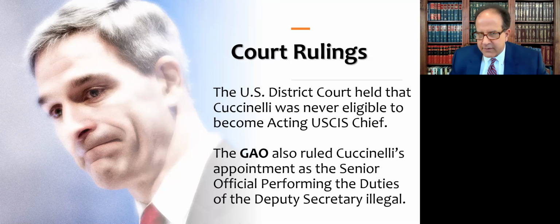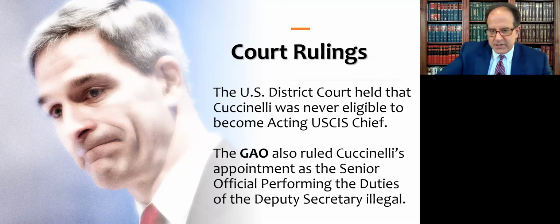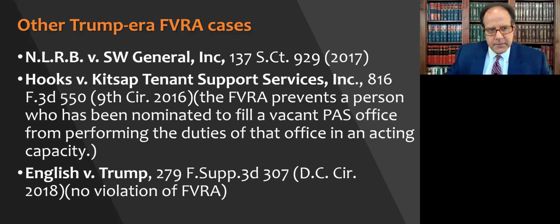And similarly, the Government Accountability Office, which it's actually their job to weigh in on issues like this and make sure orders of succession or chain of command is being followed, also held that his appointment as a senior official performing the duties of the deputy secretary was illegal.